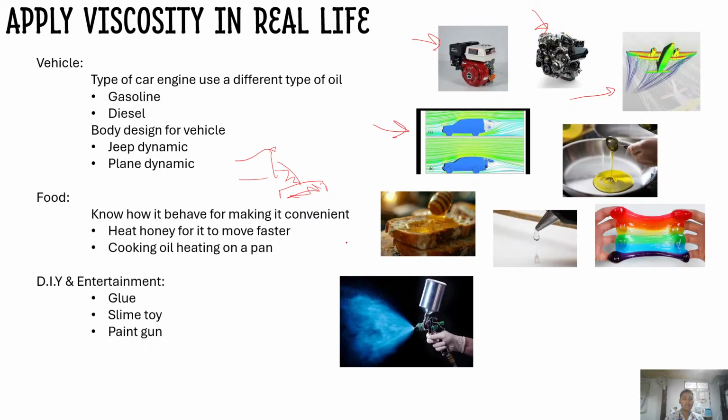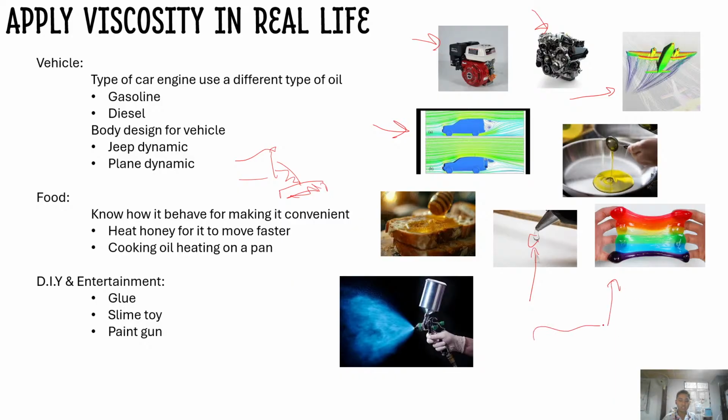Cooking, and maybe you can also look at DIY entertainment. Maybe you want to stick something together, do a little crafting. Use glue, a sticky little substance. You can use that, and that's the viscosity and other energy, but viscosity is also in there, as well as slime.